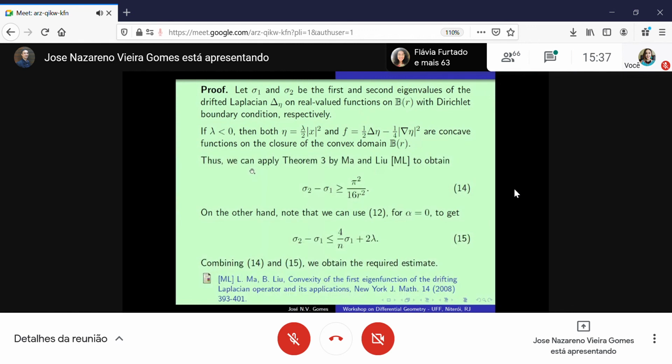Thus, we can apply Theorem 3 by Ma and Liu in this paper, which is about convexity, to obtain this relation. On the other hand, note that we can use this equation for alpha equal to 0 to get this estimate. So we can combine this one and the other one to obtain the required estimate.